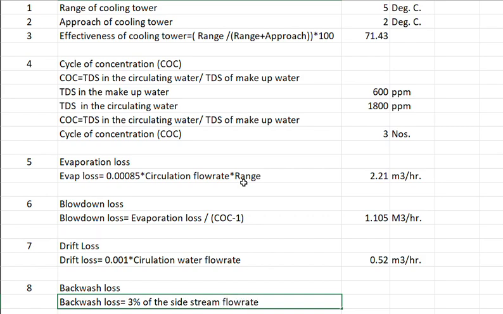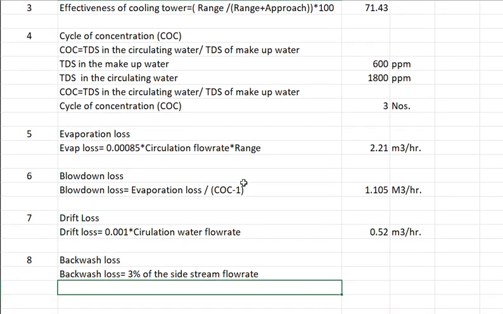If you look at any cooling tower, there is a side stream that passes through a filter media to capture the suspended particles, to remove the dust or debris or whatever it may be, that comes through the cooling water from the plant circulation network.